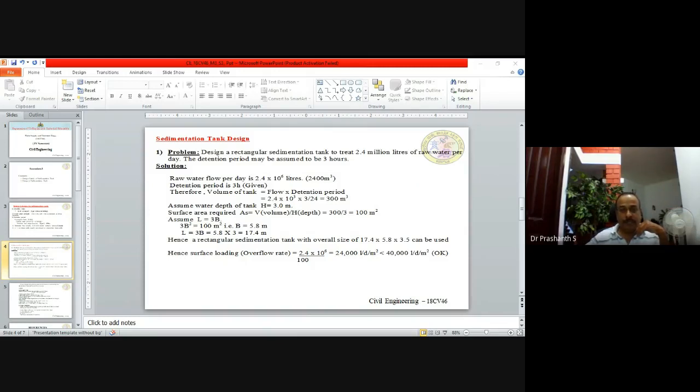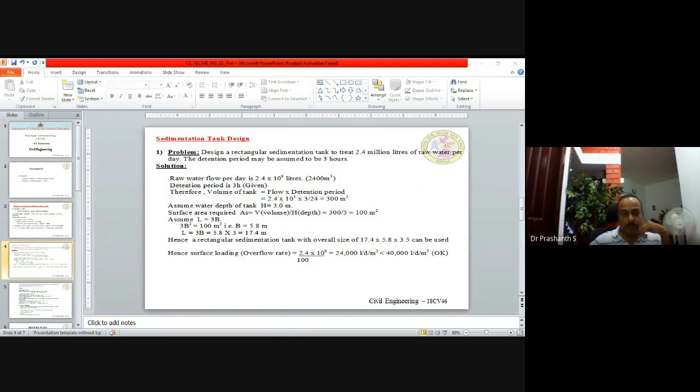Flow, that is 2.4 into 10 to the power 3, divided by 3 hours. 3 hours is converted into 24. 2400 divided by 3, divided by 24, because we have to convert this into meter cubes.